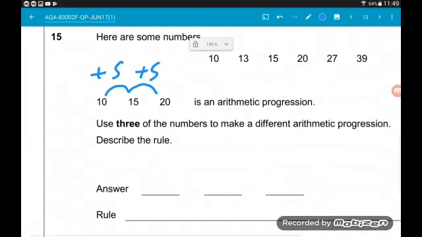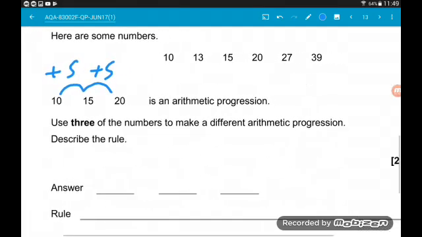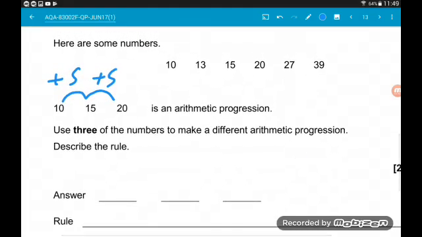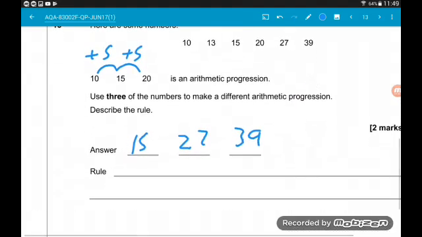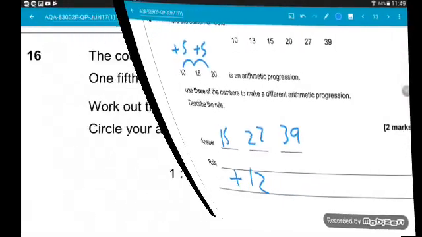So the question is to use 3 different numbers to make a different arithmetic progression. So a little bit of trial and error here would give us 15, 27, 39. And then we're asked to describe the rule. The rule is to get from term to term, we are adding 12. Jobs again.